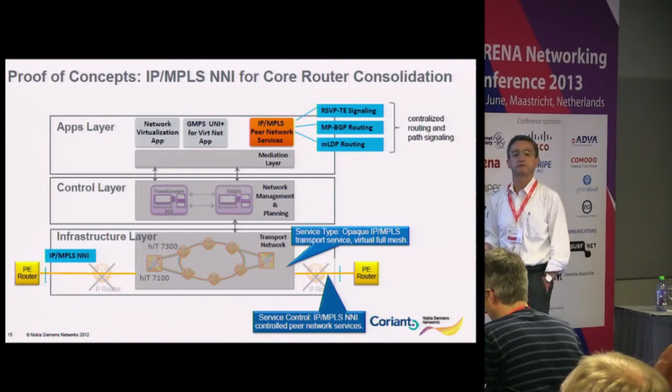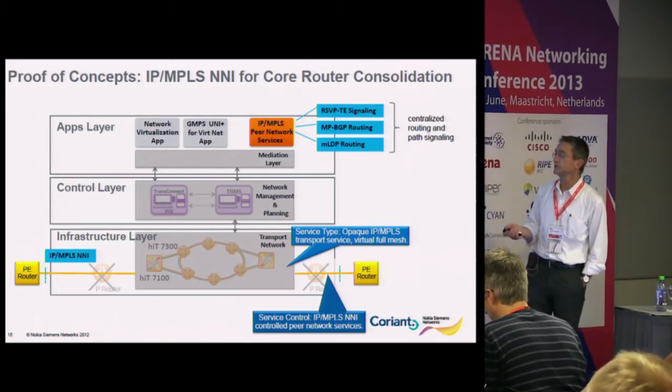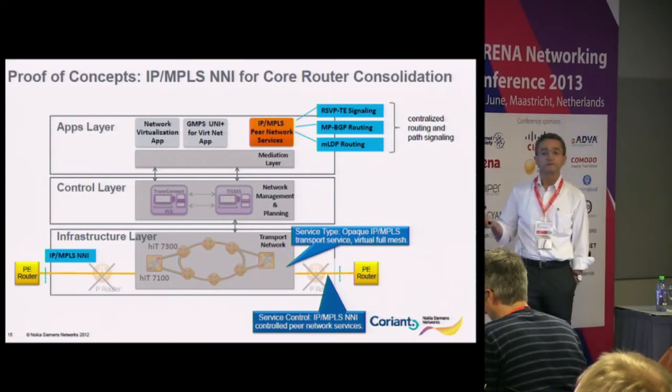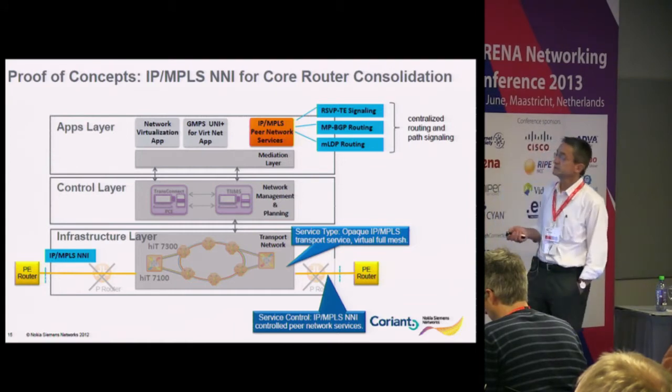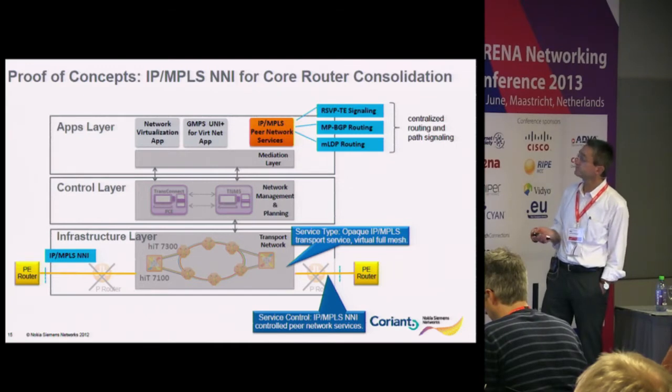So it's an evolutionary and not a revolutionary approach. You do not need to touch all the installed routing functionality, and do not need to replace PE routers and so on. So this is the idea behind it.